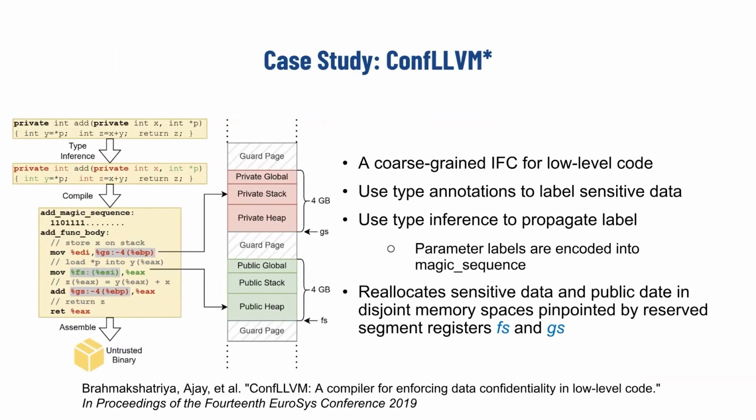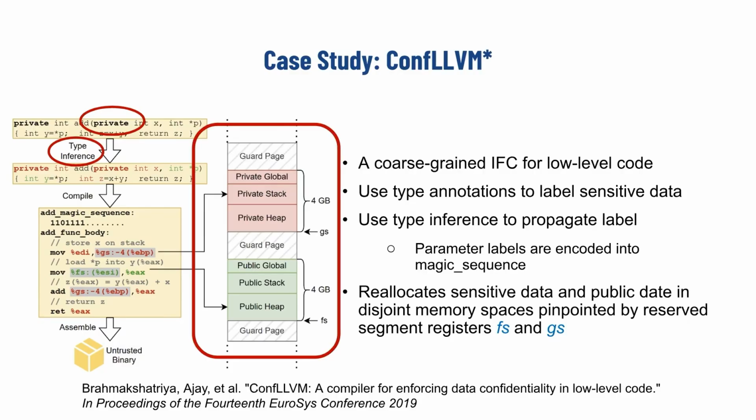To illustrate this, let's look at a case study with conf-LLVM, a compiler that enforces a coarse-grained information flow control policy. Conf-LLVM uses type annotations to label sensitive data and then compiles the code to ensure that private and public data are stored in separate memory regions.